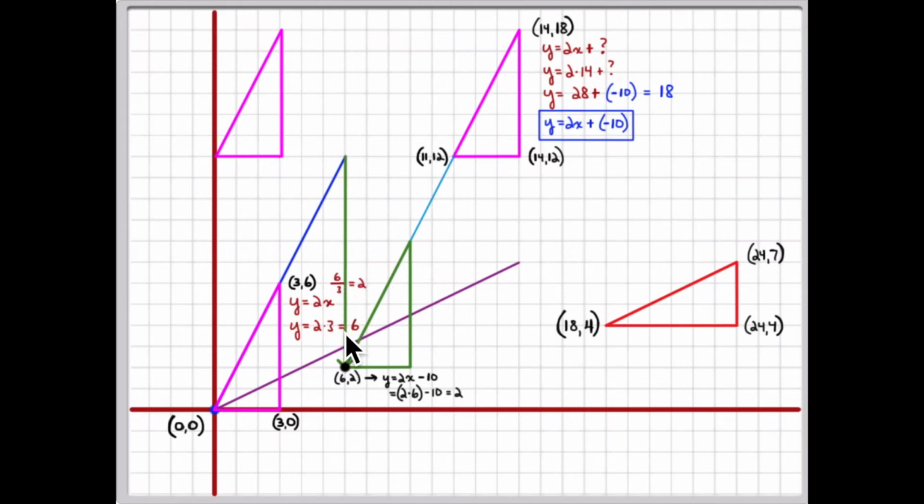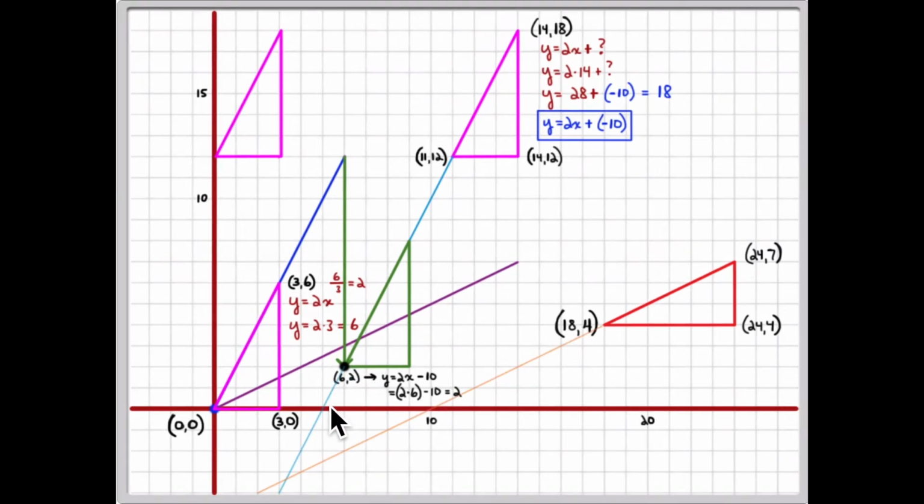So this point that corresponds with the proportional relationship is always going to be 10 units less than its corresponding point in the proportional relationships. So to go from this proportional relationship to this corresponding non-proportional relationship, you always have to add a negative 10 or subtract 10. So if you extend this line through the x-axis, this point right here is 5, 0.